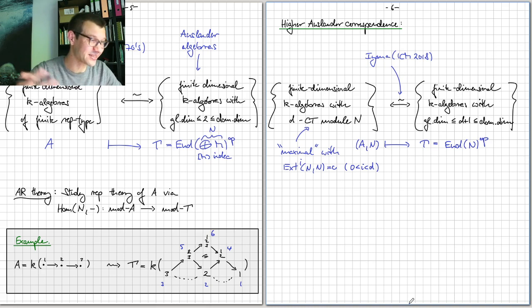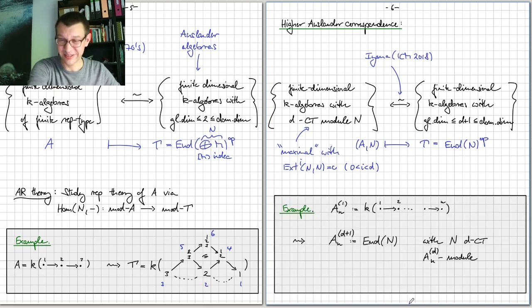I understand that this is not making any detailed sense, but I hope that it will make sense once we connect to the S construction, because that will bring us back into familiar territory and tell us something about the intrinsic meaning of these kinds of conditions. So one example is an example which was introduced by Iyama himself.